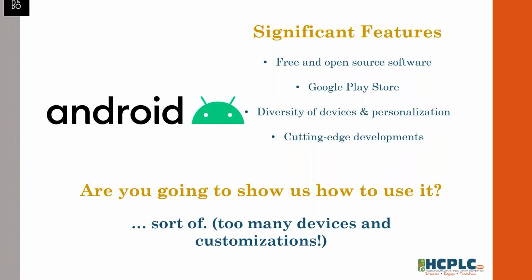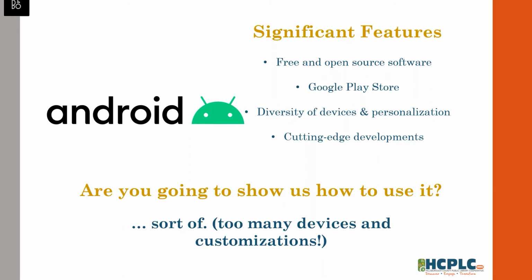And as I mentioned before, there is a diversity of devices and personalization. The Android operating system is literally available on hundreds of devices, all sorts of devices. We just got an Elmo document camera, and it is powered by Android. So you can find this software on many devices.